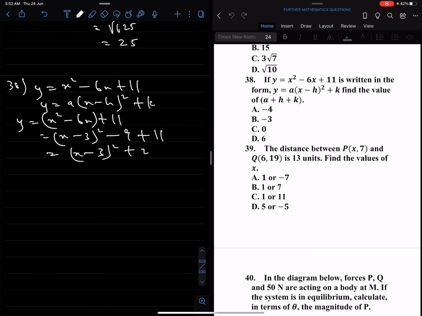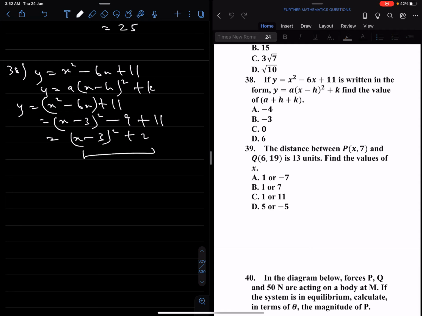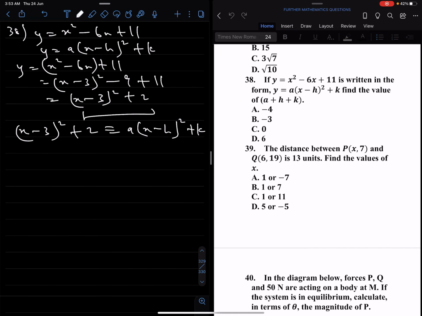So now I've rewritten y in this form, then I can compare it to the given form. That simply means (x minus 3) squared plus 2 is similar to a(x minus h) squared plus k.